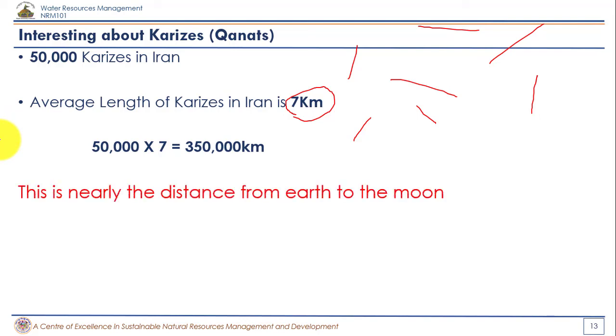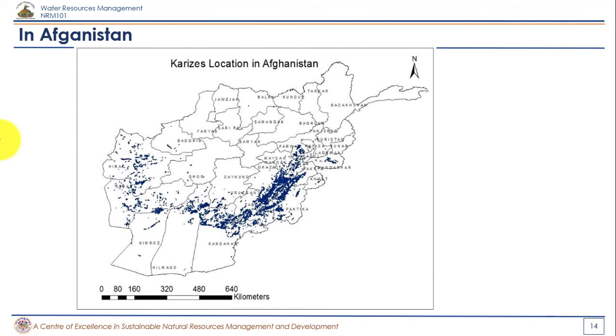I just wanted to bring this up to say that this is the height of Kariz or Qanat construction in the world. The total length of the Karizes in Iran is around 350,000 kilometers. That's approximately the distance from Earth to the Moon. So that's the length of the Karizes.